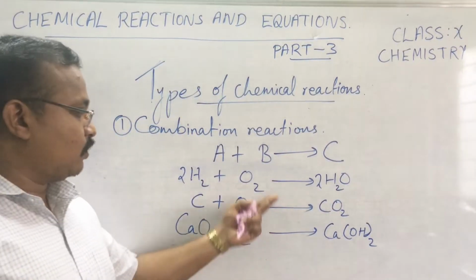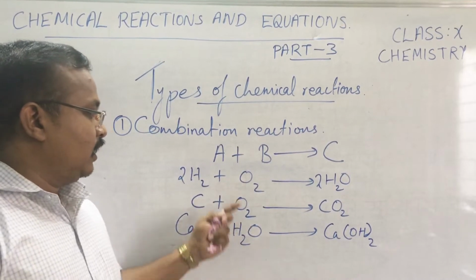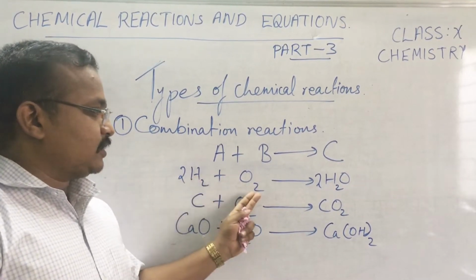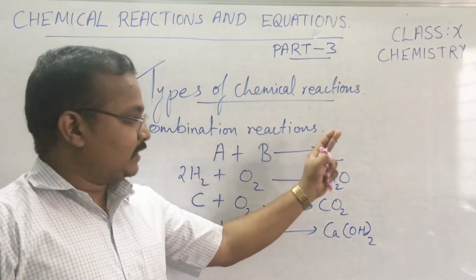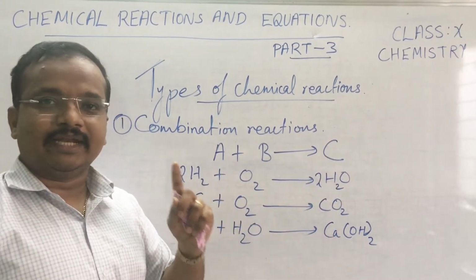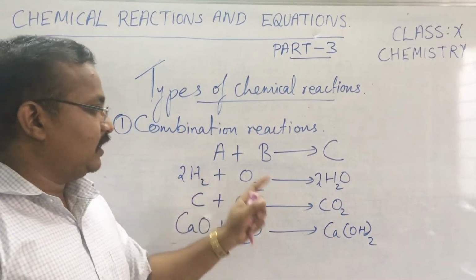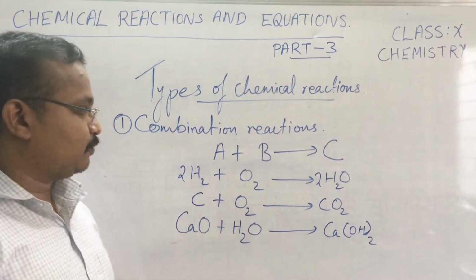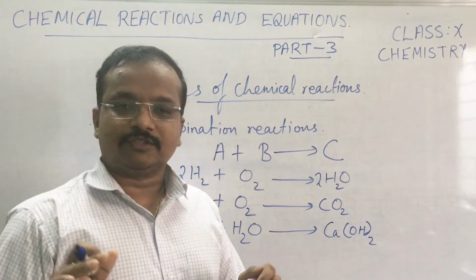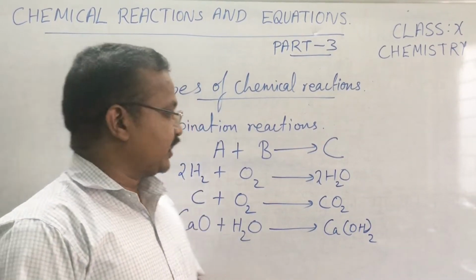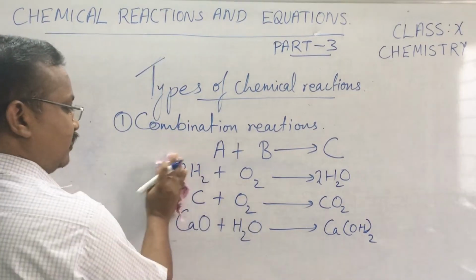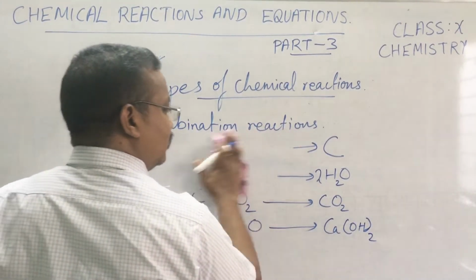So these are some examples where two substances react to form a single entity, a single product. This type of reaction we call a combination reaction, where substances combine to form a single product.